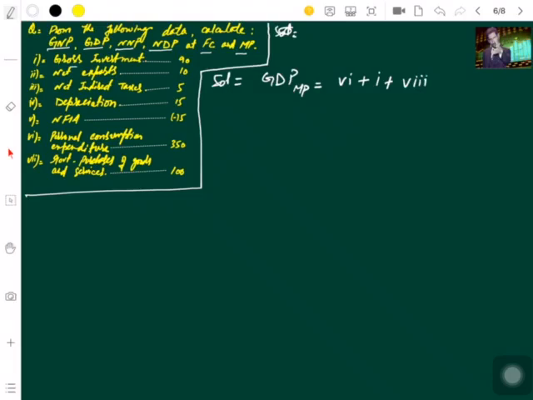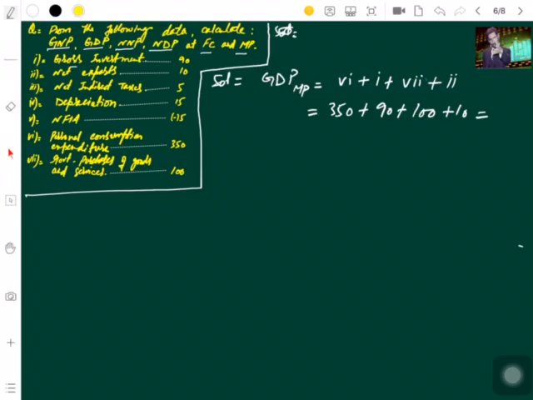Okay, we don't have to write one more. Plus your net exports, and because it is gross domestic, I'll take net exports into consideration, that is your second one, which will in turn be equal to 350 plus 90 plus your 100 plus your 10, which is equal to 450, 550.